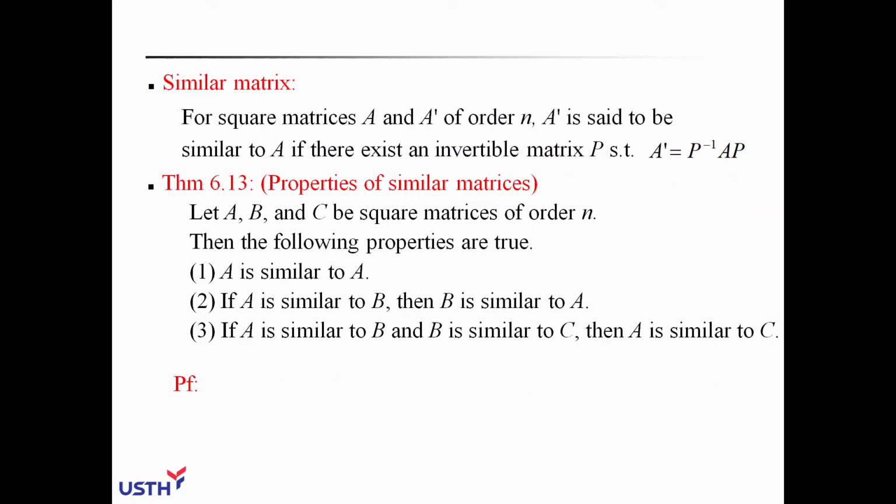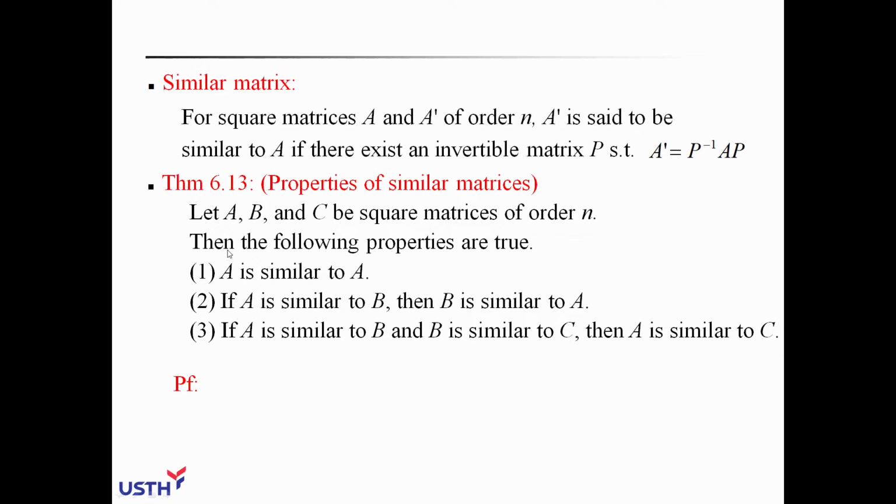If you look back at what we studied from the beginning of today, we see that two matrices of the same linear transformation in two different bases are always similar to each other. That is the meaning of similar matrices. And here are some properties for similar matrices.